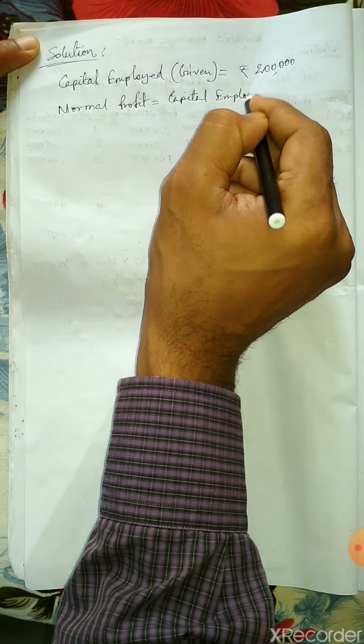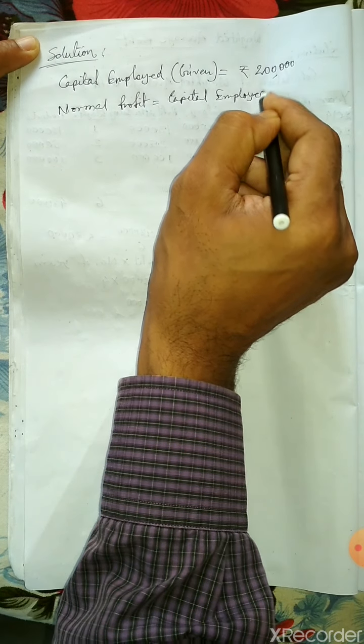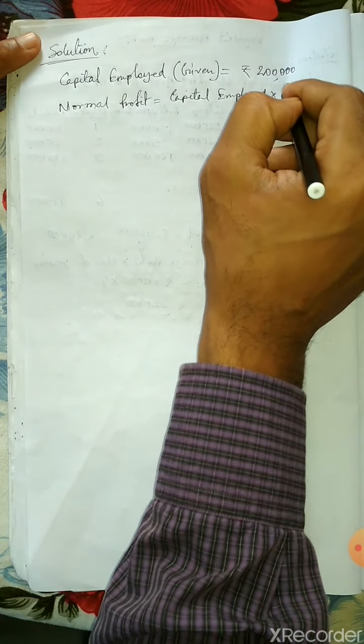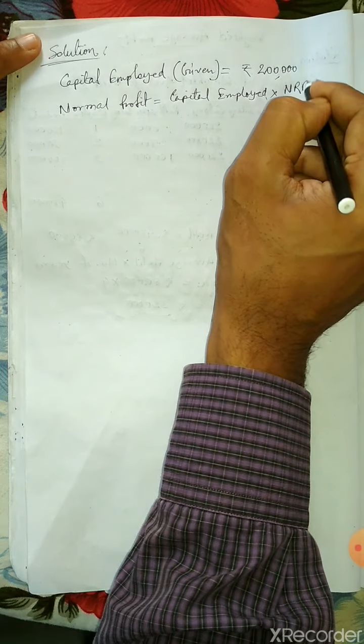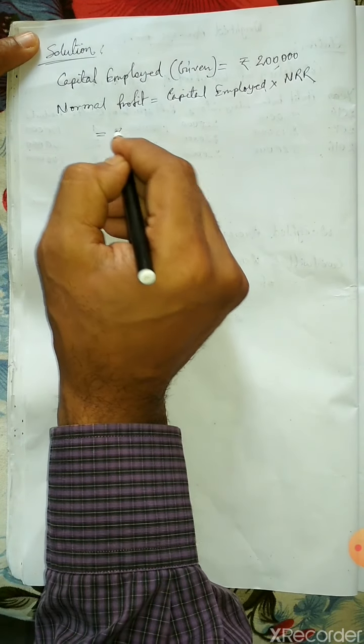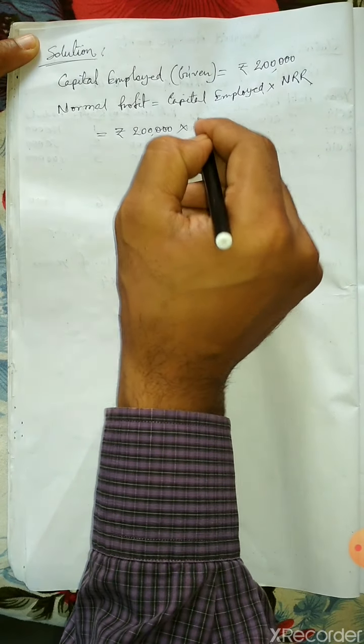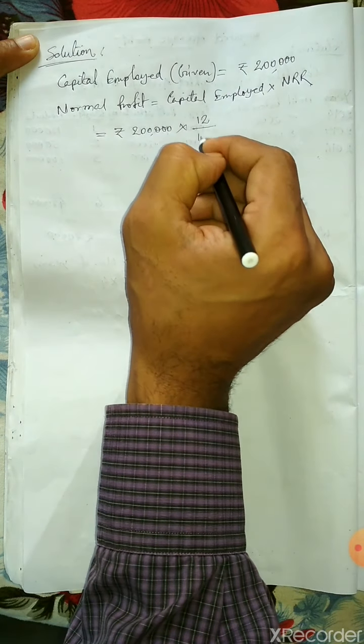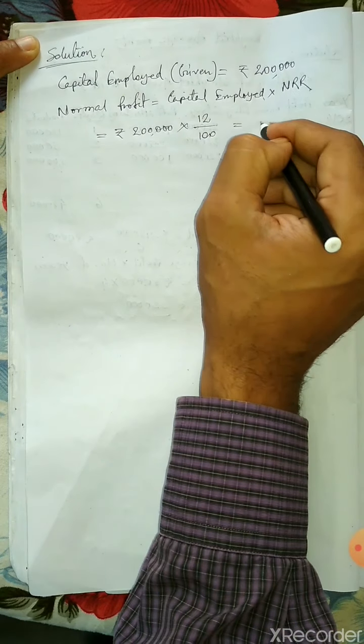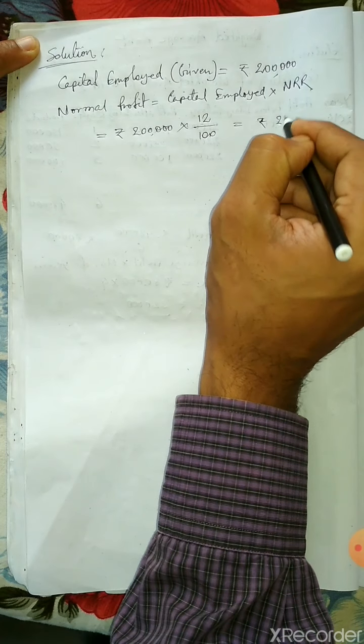So normal profit equals capital employed into normal rate of return, I am writing in short NRR. You can note these formulas. So it will be equal to rupees 24,000.